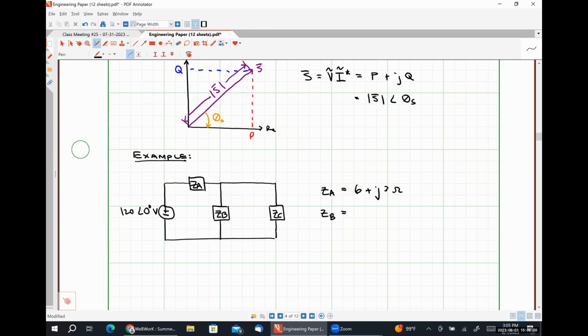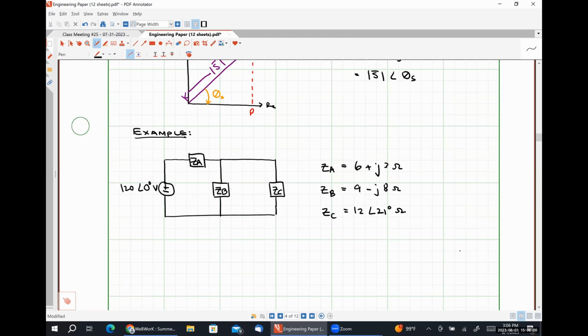ZB is 9 minus j8 ohms. And ZC is 12 angle 21 degrees ohms. And I want us to find the following quantities, okay?